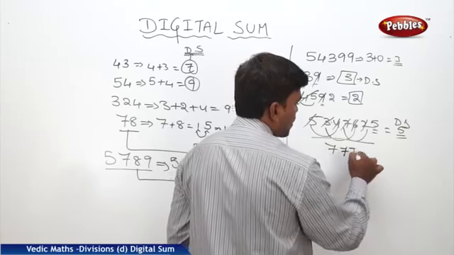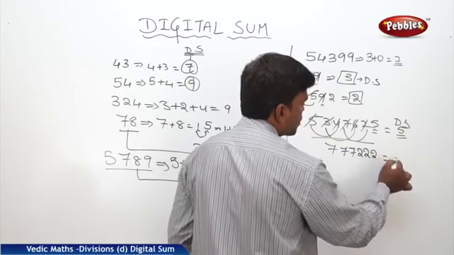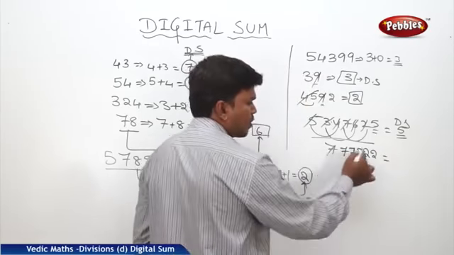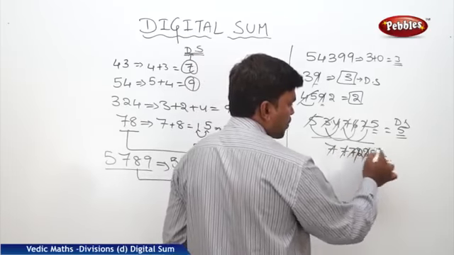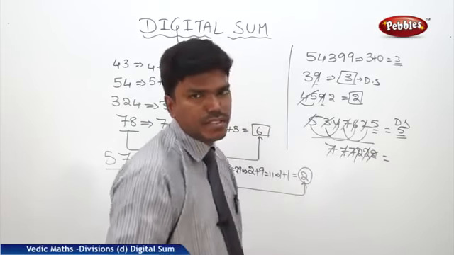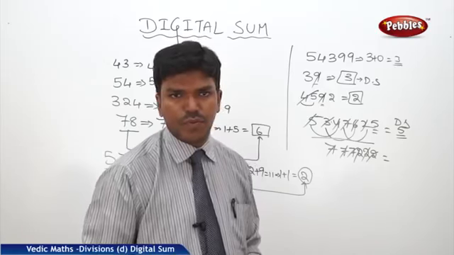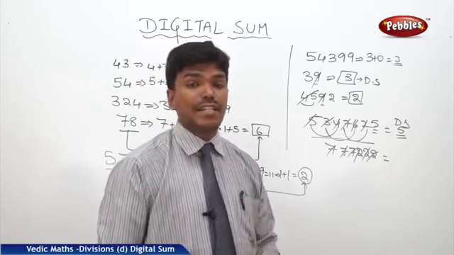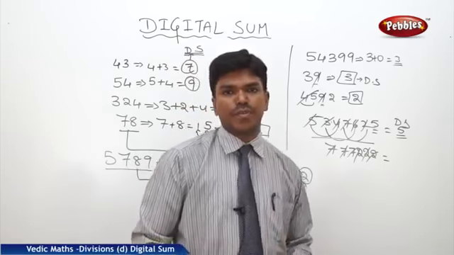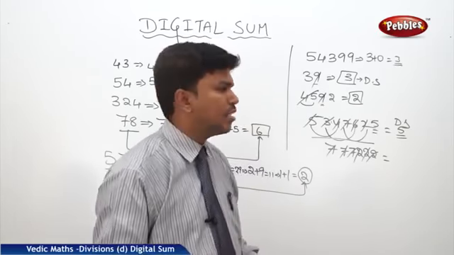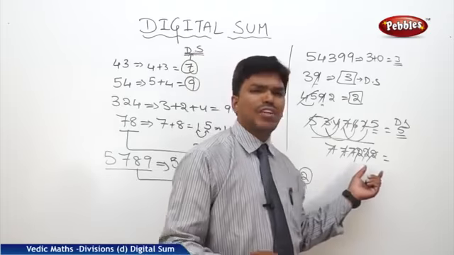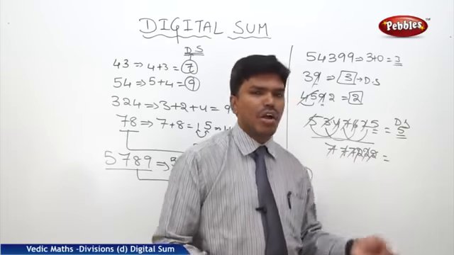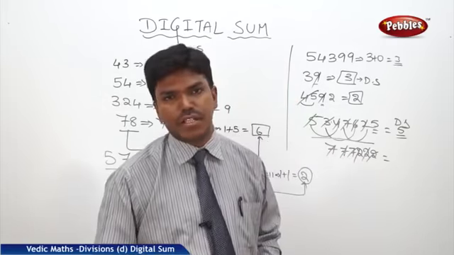Suppose 777222. What is the digital sum? 7, 2, ignore. 7, 2, ignore. 7, 2, ignore. So finally the digital sum is 0. But it is wrong. You cannot have a digital sum as 0. Think practically, logically: whenever you add some digits, how can you get the digital sum as 0?